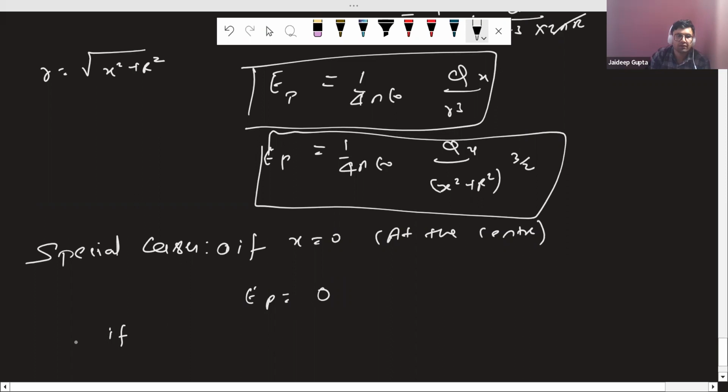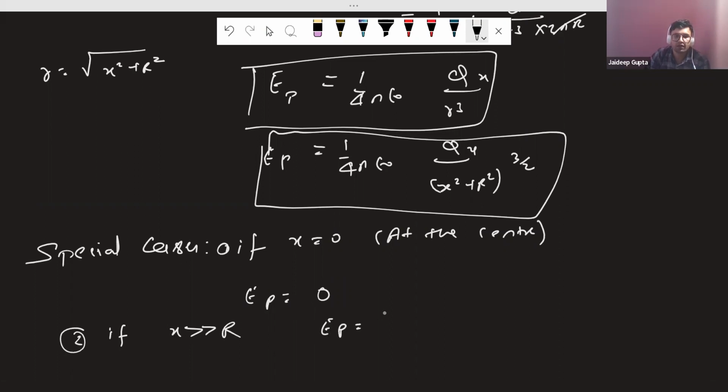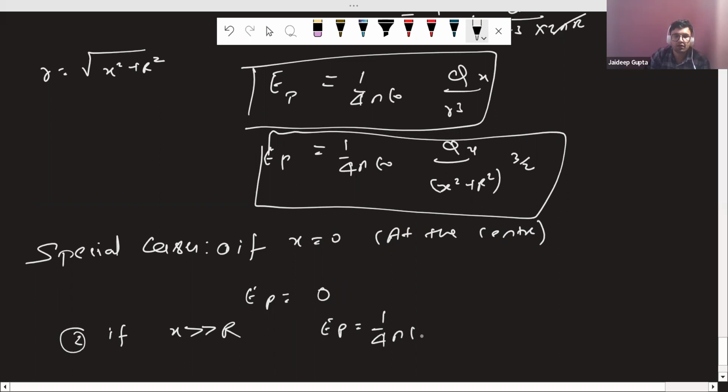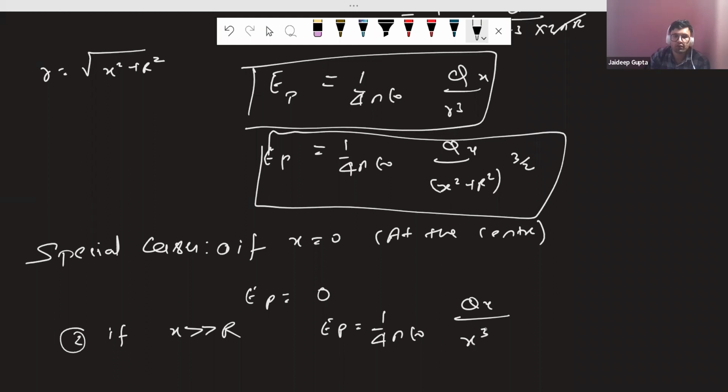Second, if x is much greater than R, the radius of the ring, the electric field would be 1 over 4 pi epsilon, and we will ignore R square. It would be x cube, cancel out, giving 1 over 4 pi epsilon, q over x square. Fine. This is exactly the same electric field due to a point charge, isn't it?